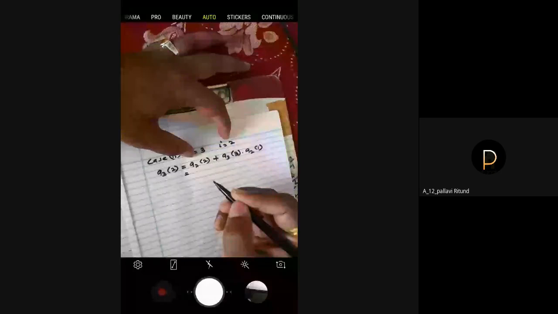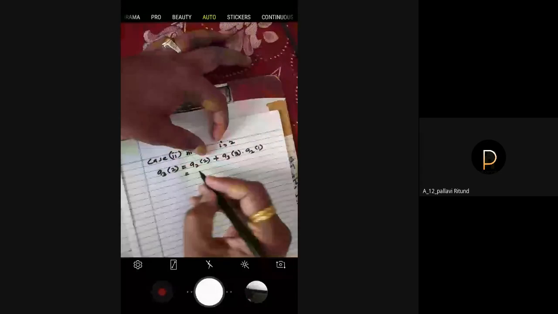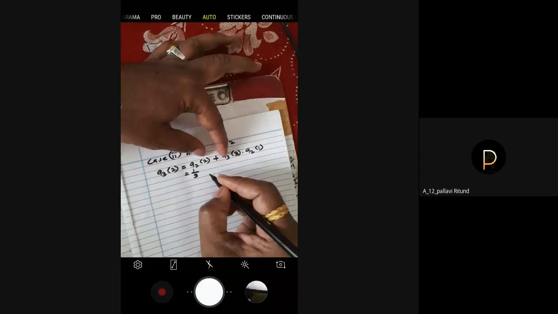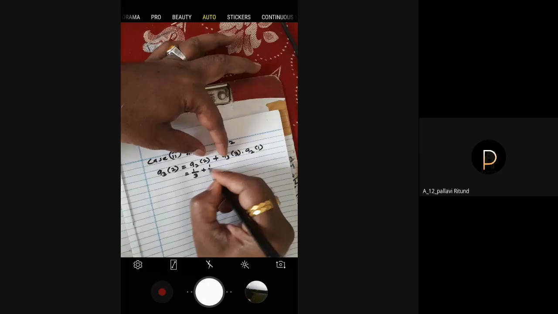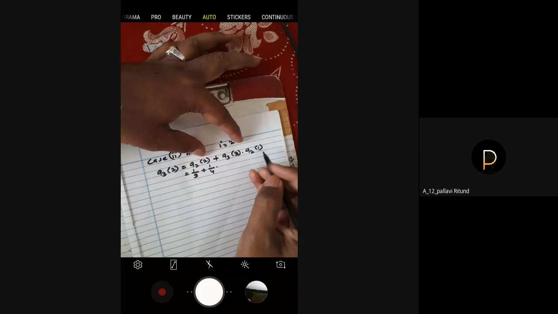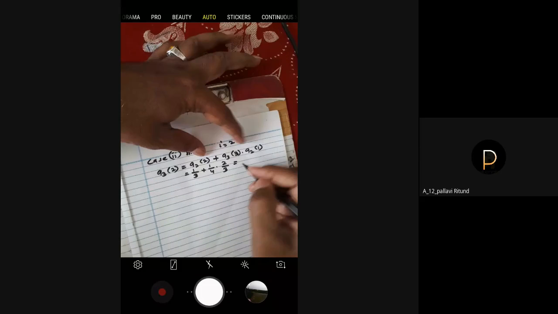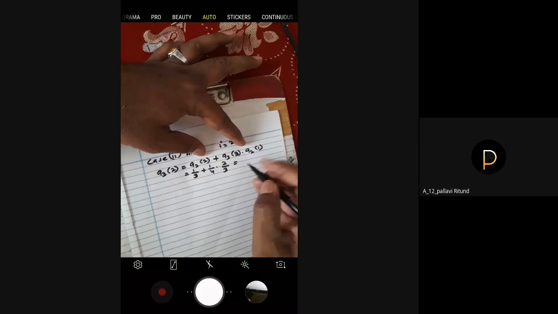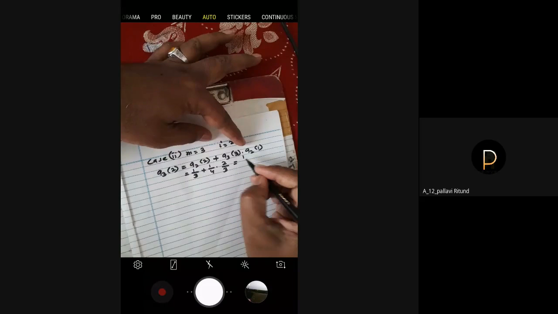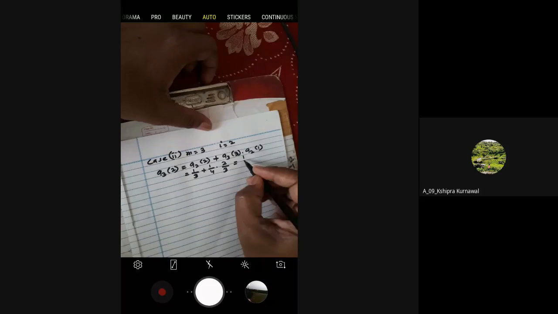Substitute all the values here and tell me the answer. a2 of 2 value is 1 by 3 plus 1 by 4 into a2 of 1, which is 2 by 3, which equals, what value is coming? 0.496, or simply we will write it as 0.5.